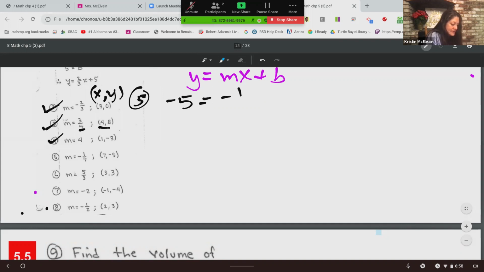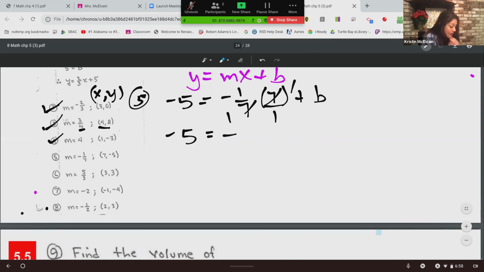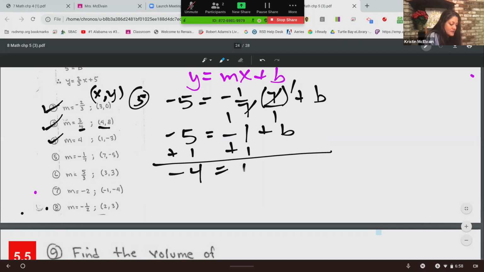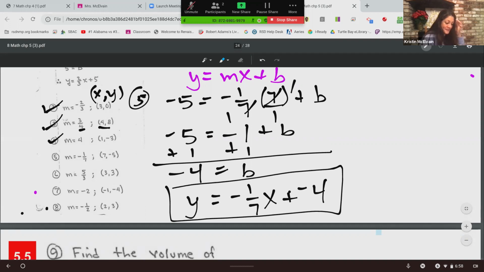Our slope is -1/7 and our x is 7, plus b. Cancel out. -5 equals -1 plus b. Add the opposite. -4 equals b. So our equation is y equals -1/7 x plus -4. There's 5.